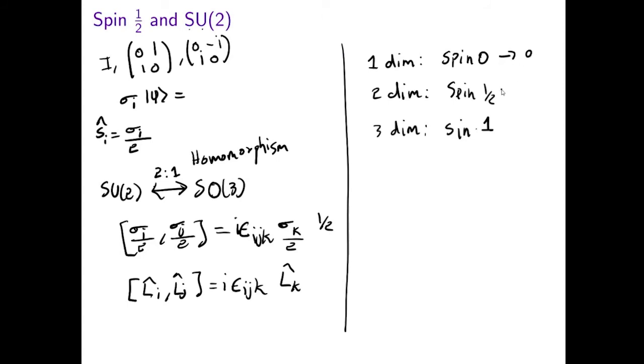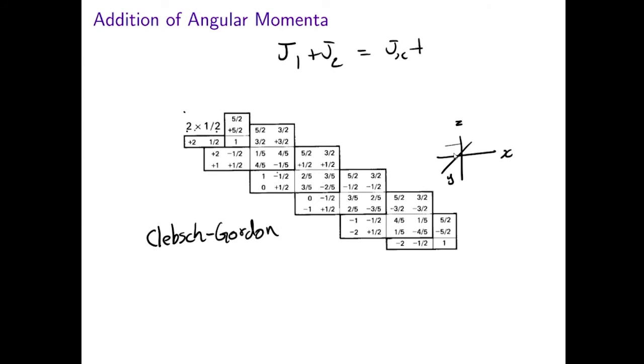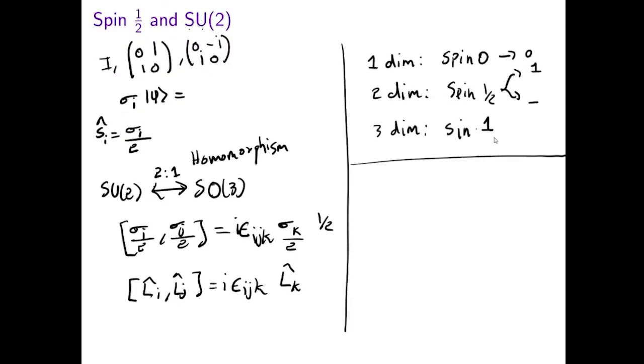It's always 0. Spin half, I'll show you why it's called spin half as well. In spin half, essentially there are 2 degrees of freedom. Your spin can be -1 or +1, and it's pretty obvious when you see that you can be on this side of the axis. But in spin 1, you have 3 states you can be in: +1, 0, -1. But why is this called spin half?